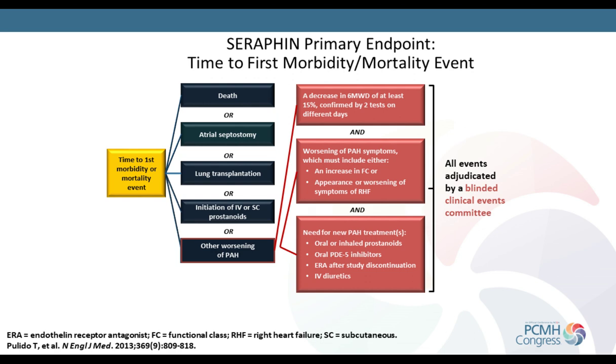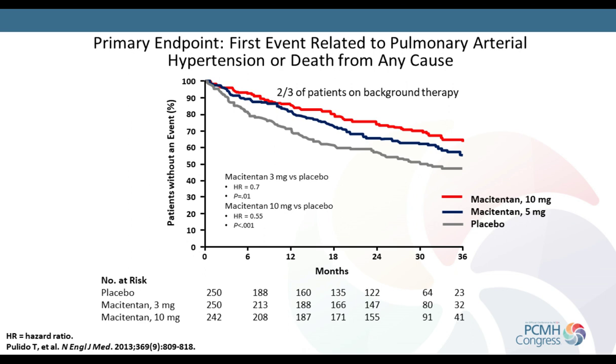And what we're able to show with macitentan in the slide here is that patients who got macitentan at the approved dose of 10 milligrams had a significant reduction in the likelihood of having one of those bad events happening. And that reduction was in the range of a 45% risk reduction. So pretty impressive.